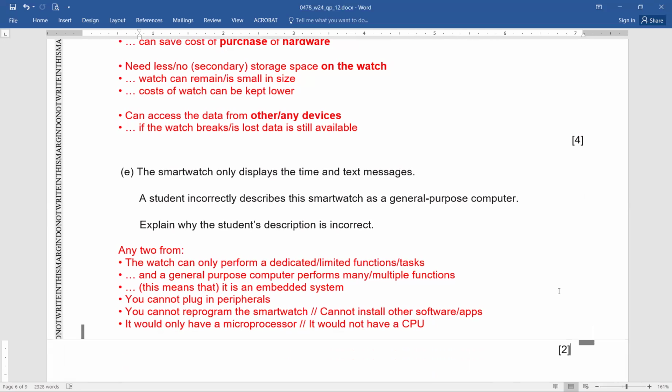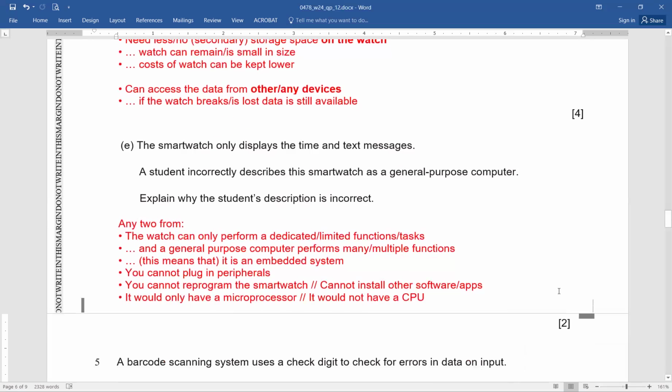We cannot install many software on this, and it would have a microprocessor and not a CPU. We are expecting the general purpose computer to have a CPU, central processing unit. But a smartwatch only contains a microprocessor that is there to perform dedicated tasks. That's why this is going to give you 2 out of 2.